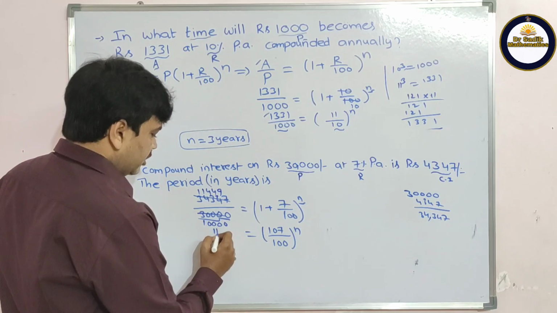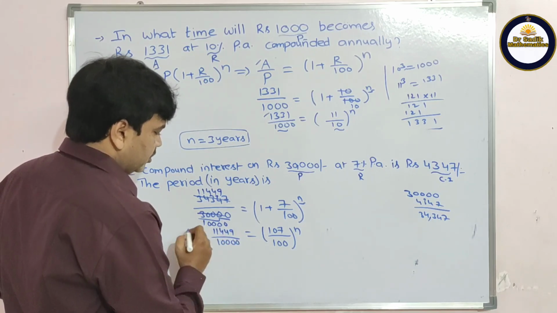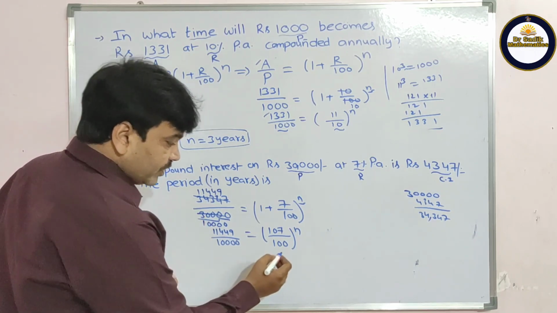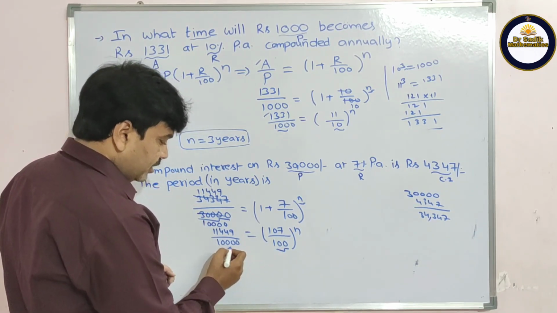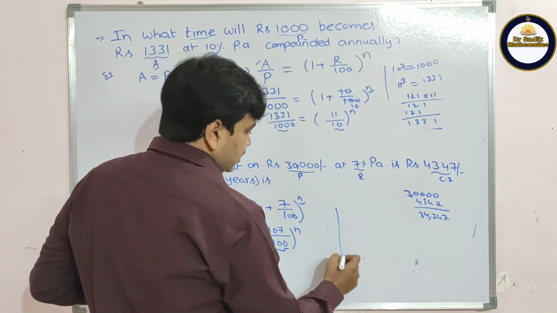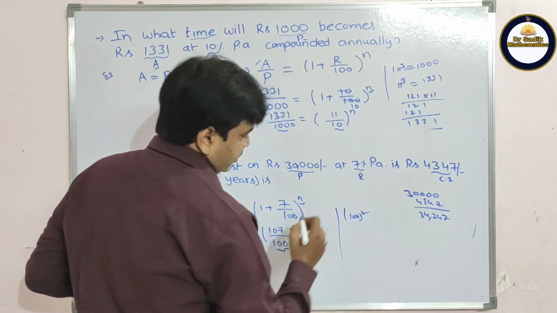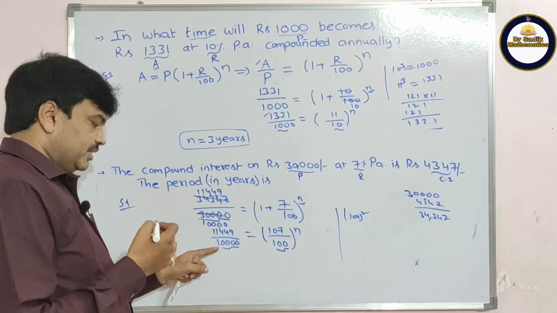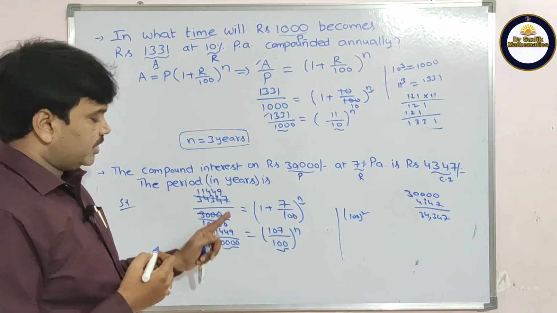Finally I get 11449 by 10,000. Now I can write 100 as, come on tell me, friends, 100 whole square. That means we get 10,000. 100 square means we get 10,000.